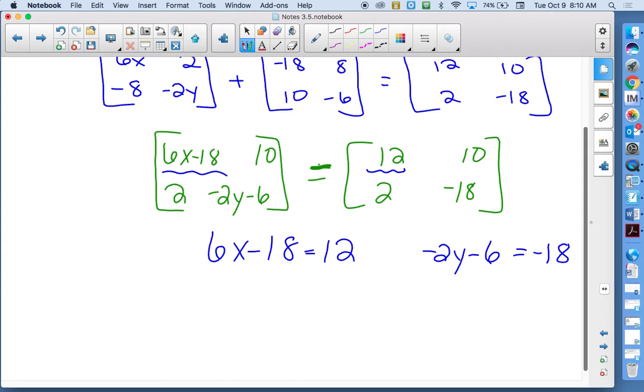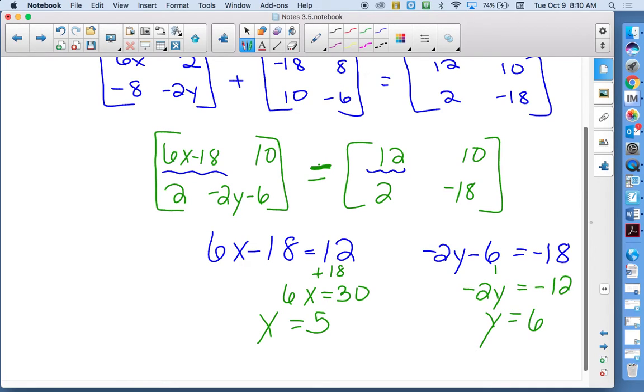So Maggie, what would you get for x? Yeah. So we end up with 6x equals 30, and you get 5. And then Maggie, for the other one, you ended up getting 6. So adding the 6, negative 2y equals negative 12, so y is equal to 6. Questions?